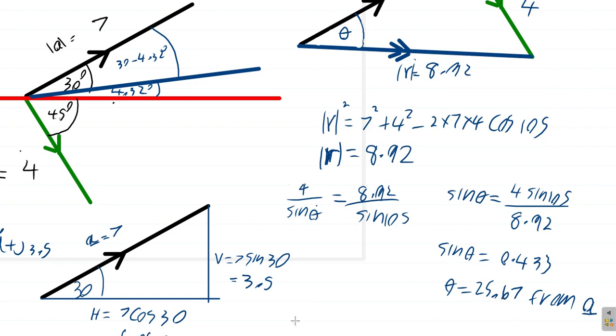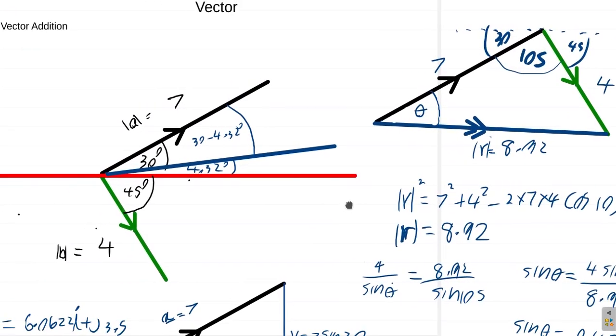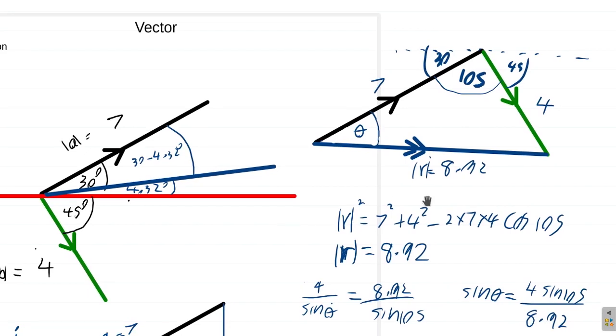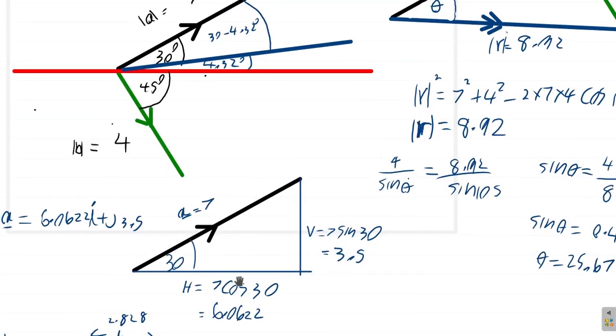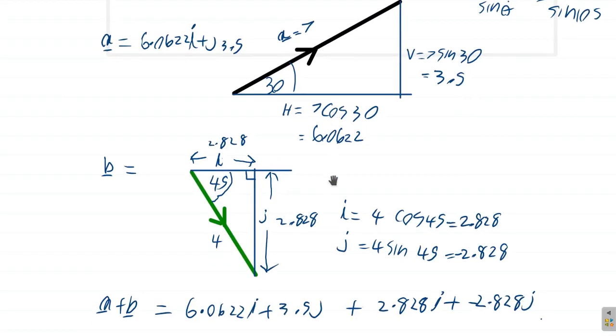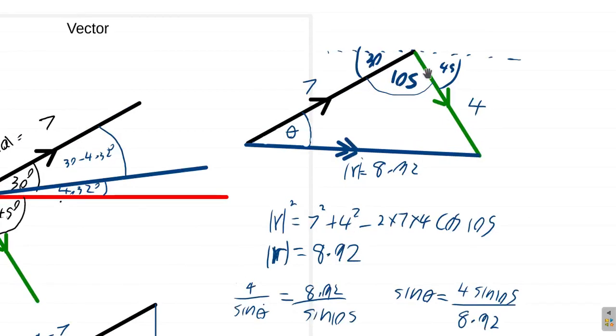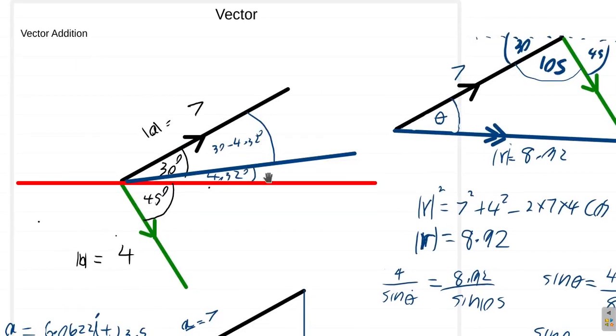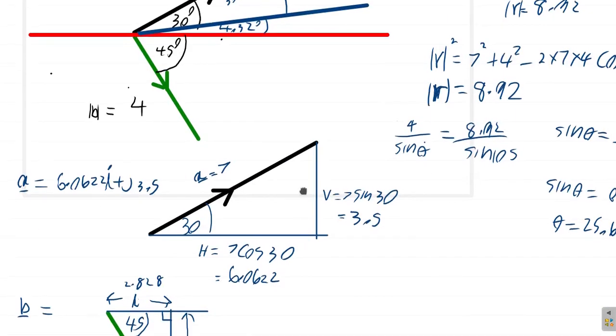Now, the thing is this. About 2 videos ago, we used the sine and cosine rule and dealt with it. Then, in the last video, instead of using the sine and cosine rule with all of these angles, we broke up each vector into horizontal and vertical components.